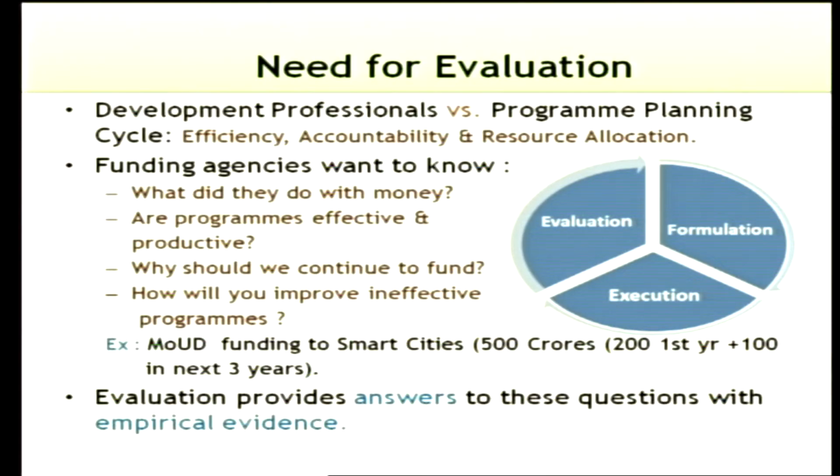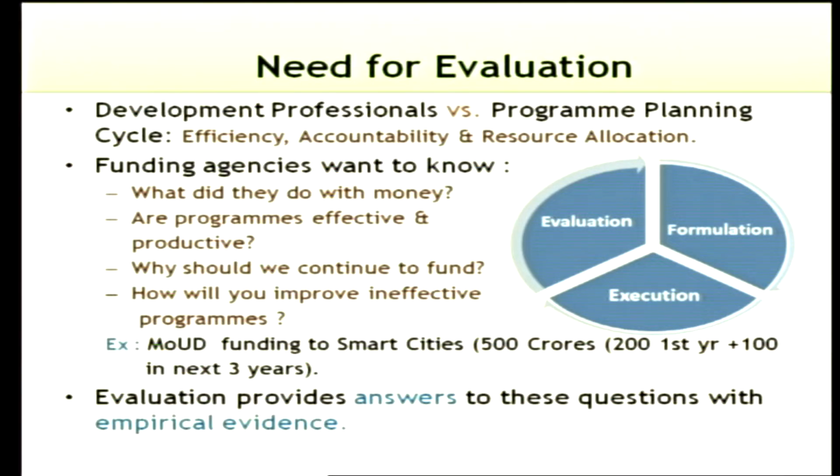Then the question is, what is the need for evaluation? When we are doing development programs and projects, the development professionals' primary responsibility is to complete the program planning cycle. Then the question is, what are the different stages involved in program planning? The first is the program formulation itself. As a development professional, you are involved in formulation of a development program or a project. After formulation, you will implement it.